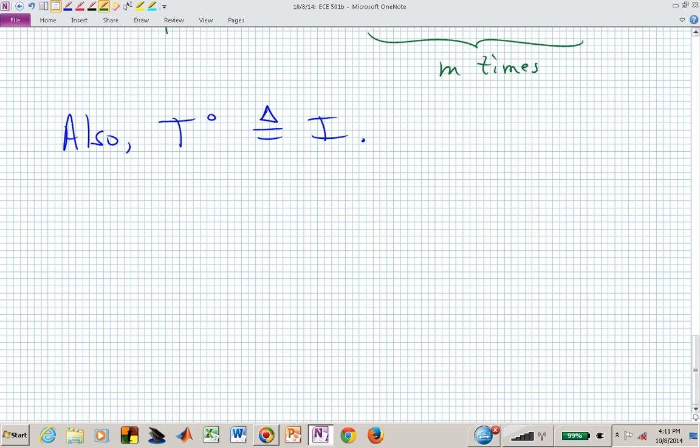Now that we have this repeated application of the operators, we can define polynomials of operators.